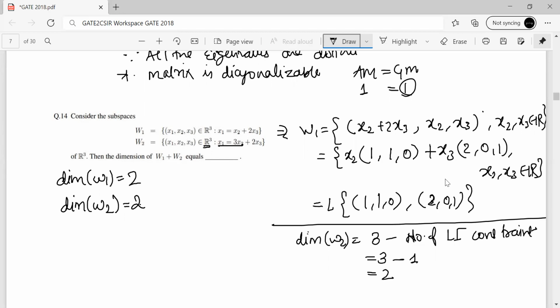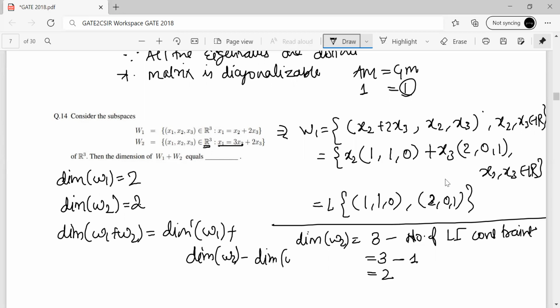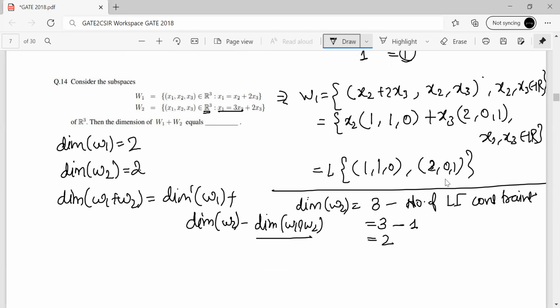Now we want to find the dimension of W1 plus W2. So the dimension of W1 plus W2 is nothing but the dimension of W1 plus the dimension of W2 minus the dimension of W1 intersection W2. Now we have no idea how to find the dimension directly, so we'll find the dimension of W1 intersection W2.